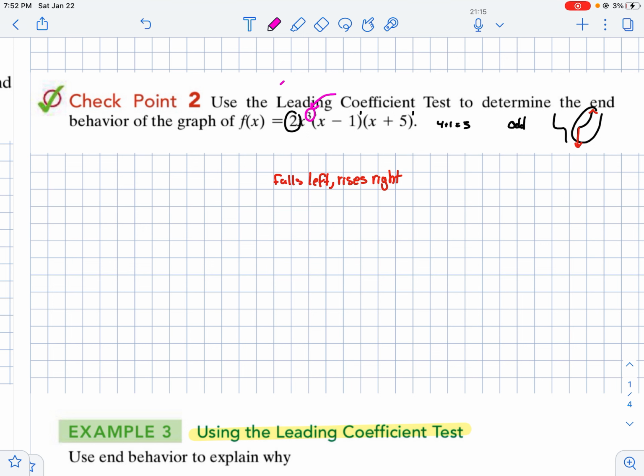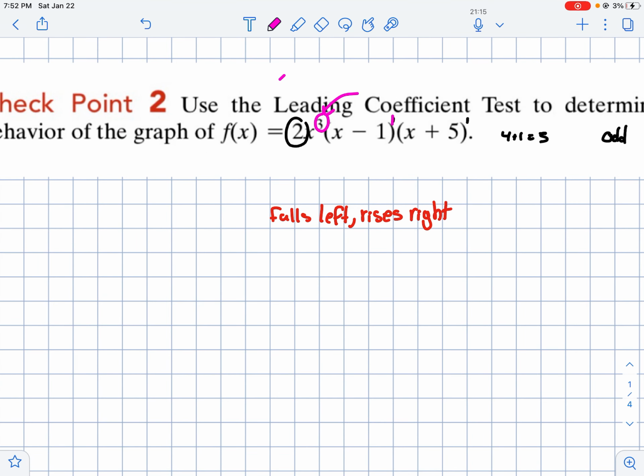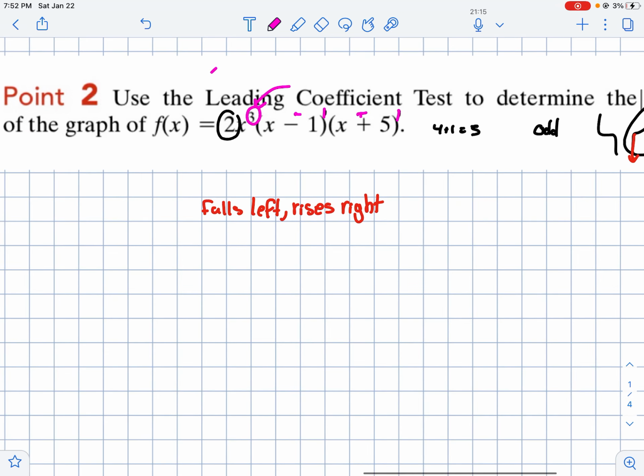Anytime there's parentheses, you have to be aware that this is worth 1 and this is worth 1. So when there's parentheses, you have to add them. So you have 3 plus 1 plus 1, which is 5. I just made them 4, I don't know why. Anyways, it's equal to 5. But lucky for you, 5 is still odd.